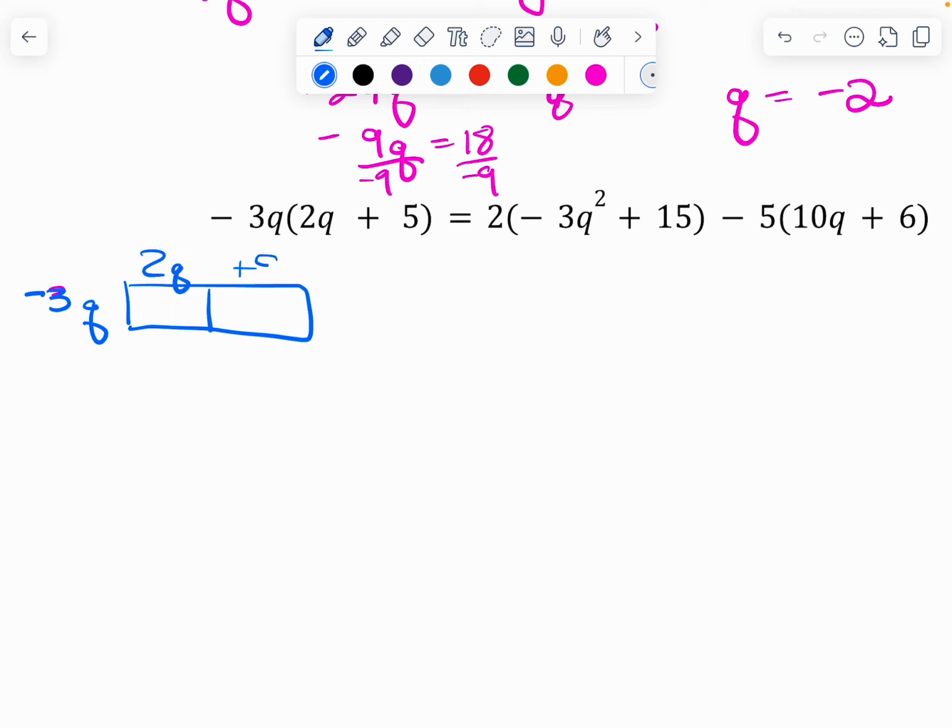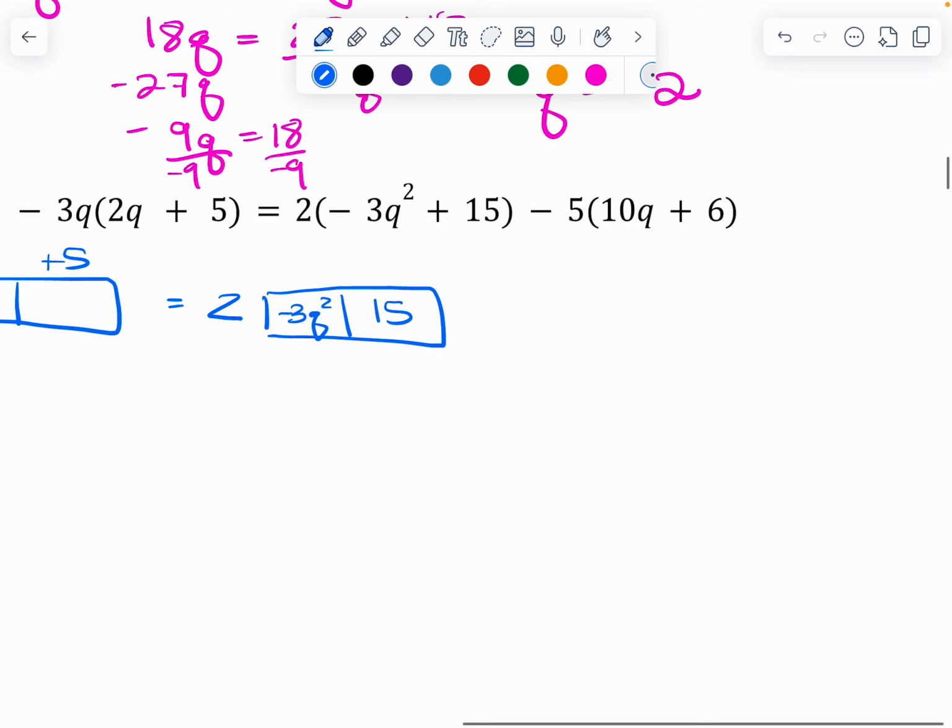2q plus 5 equals negative 3q squared, 15, minus 5. Oh, really, Kim? Negative 3. Just don't do what I just did.